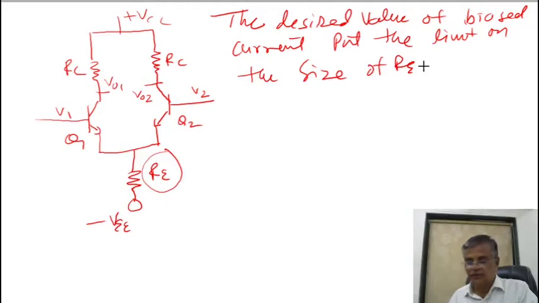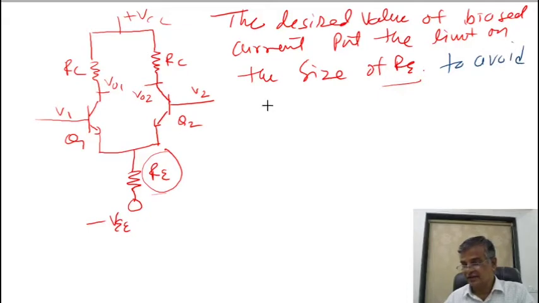You cannot keep too large a value of RE. If you keep a large value of RE, then your bias current will change. Therefore, I am writing: the desired value of bias current puts a limit on the size of RE to avoid a large value of power supply.